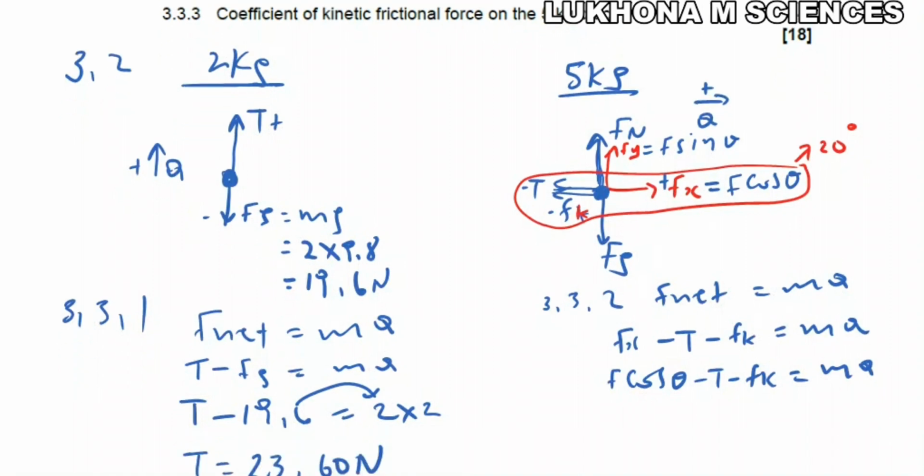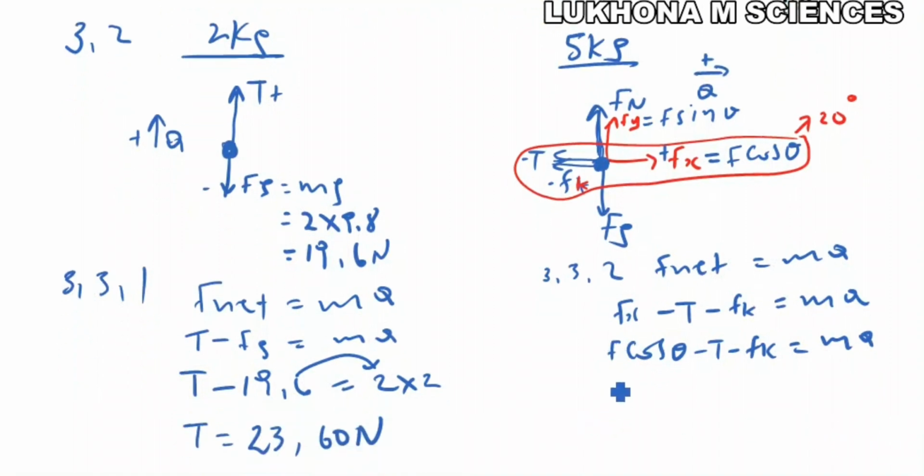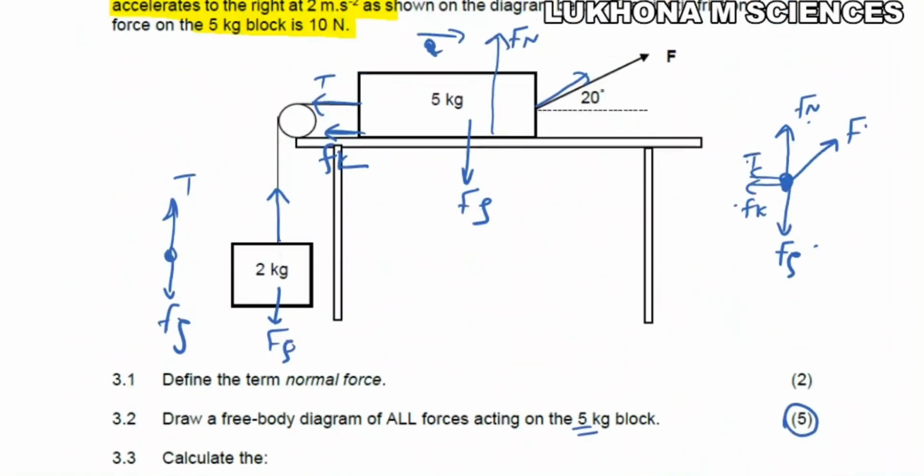So the force is what we are looking for. That is F cos 20, minus the tension, which is 23.6, minus the friction. It was given in the statement, so let's go back to the statement just to confirm.